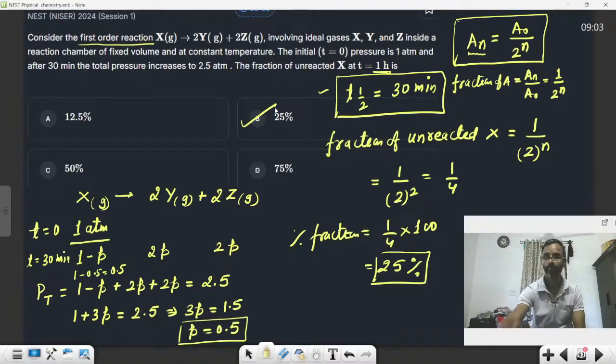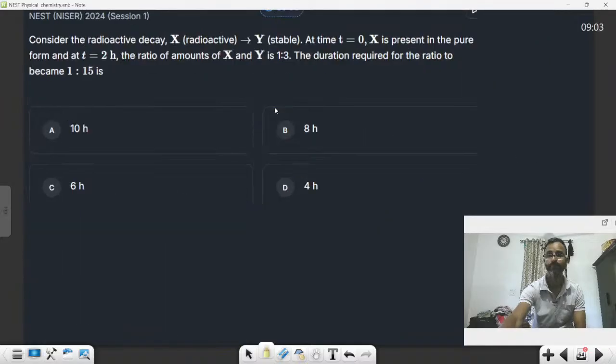Okay. Consider the radioactive decay X radioactive to Y stable. At time t0, X is present in the pure form, and at time 2 hours, the ratio of the amounts of X and Y is 1:3.